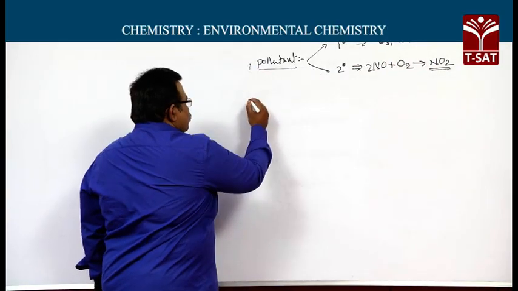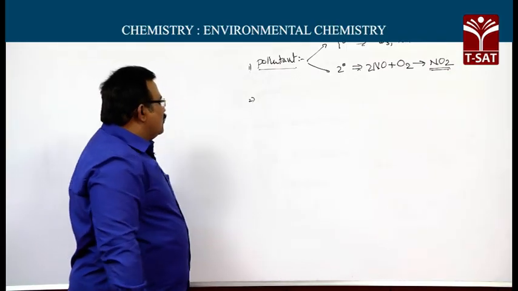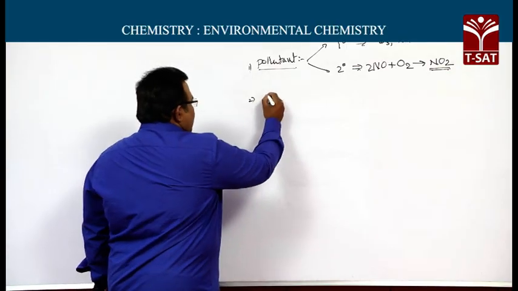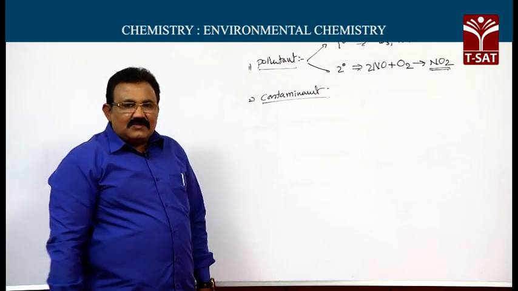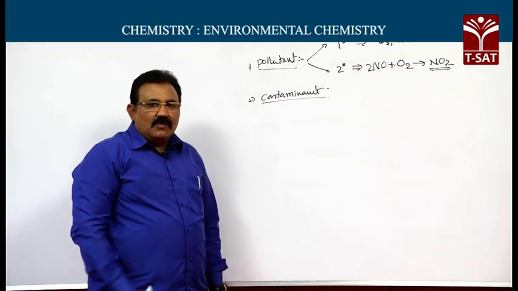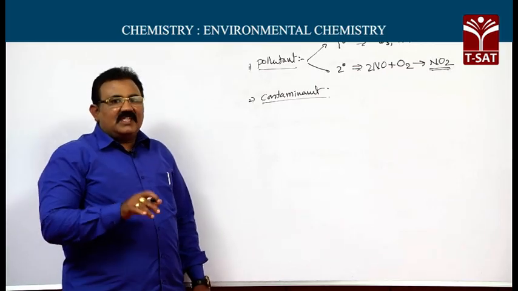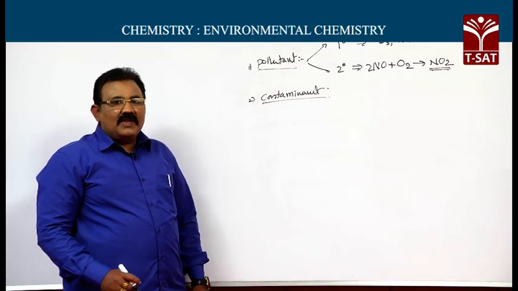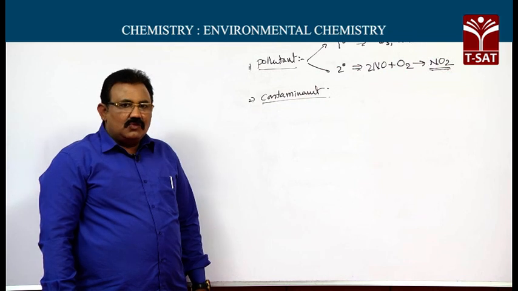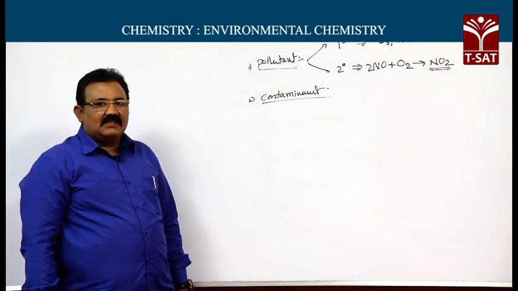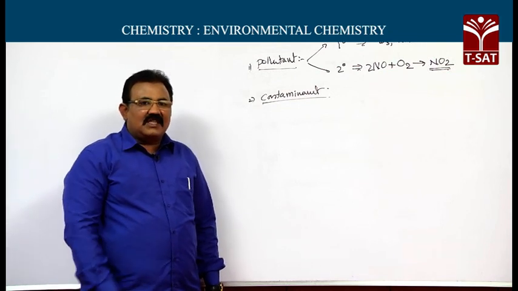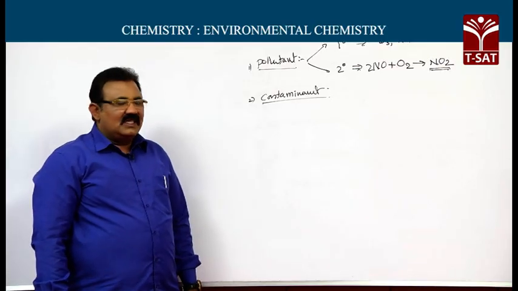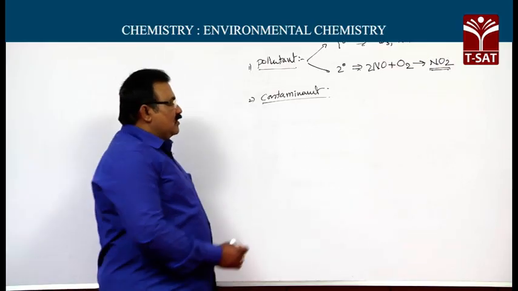The next term in environmental chemistry is contaminant. A substance which is not present in nature but grows in larger quantities due to human activity and shows adverse effects on human beings is known as a contaminant.